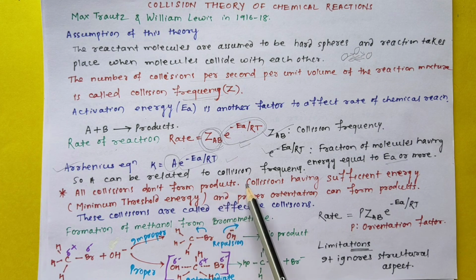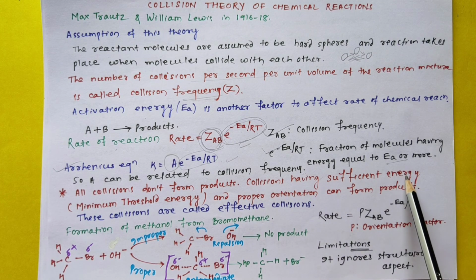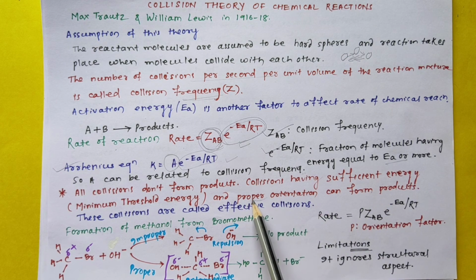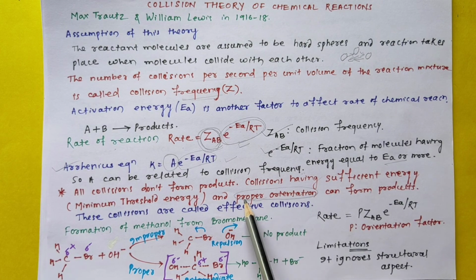So A can be related to collision frequency. Remember, all the collisions do not form products. Collisions having sufficient energy, meaning minimum threshold energy, and proper orientation can form the products. So a new term came into play: proper orientation should be there.